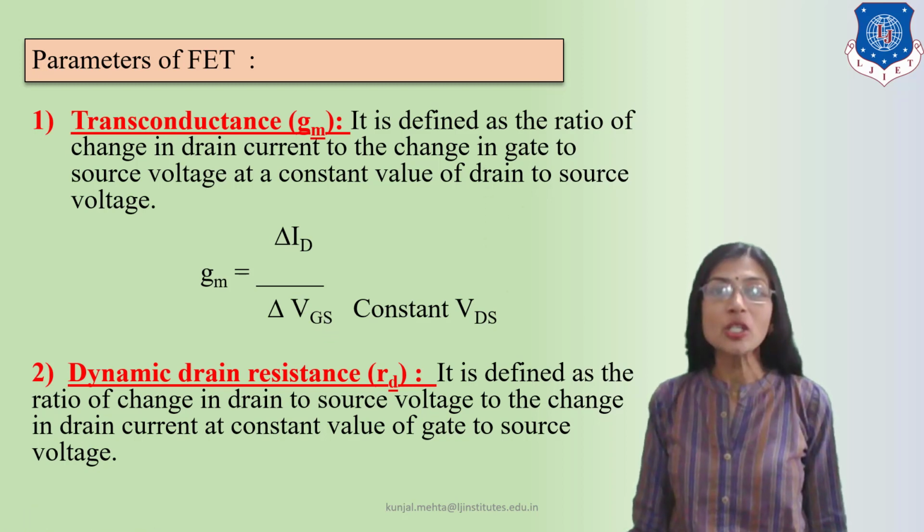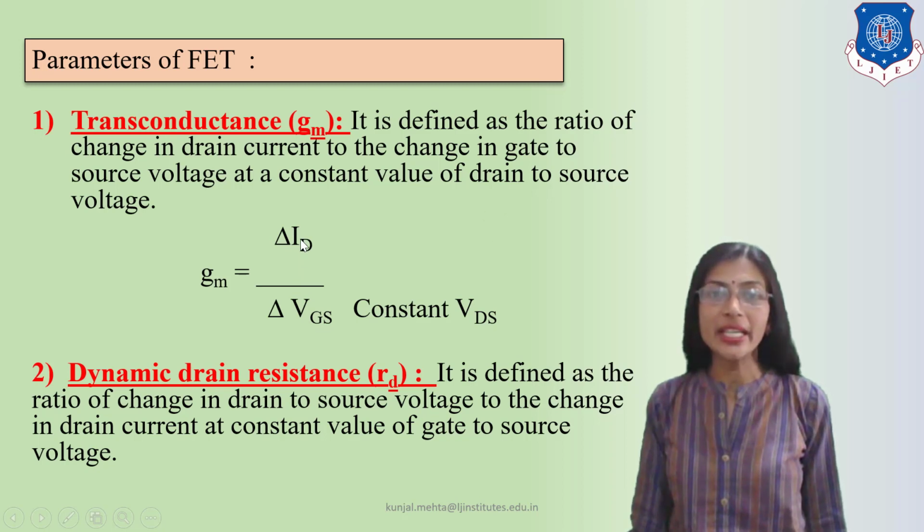So the change of drain current is denoted by delta ID, and the change in gate to source voltage is denoted by delta VGS. So let us take the ratio of delta ID upon delta VGS by keeping VDS, the drain to source voltage, constant.